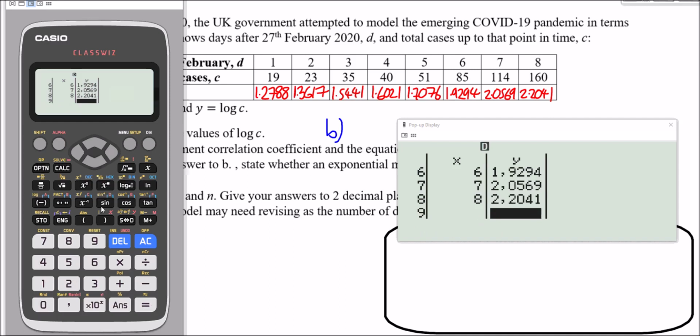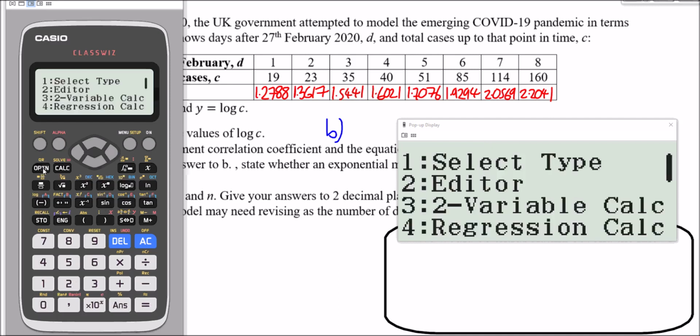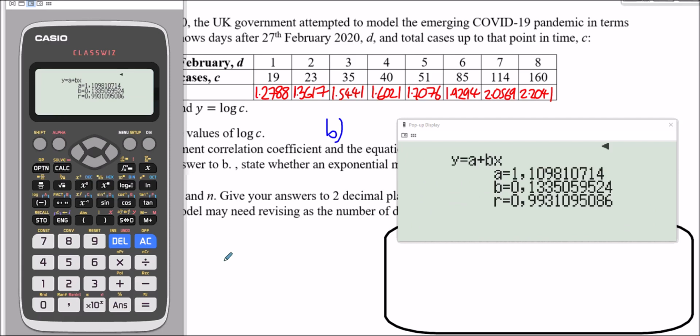Press equals, then we press OPTN and option 4 to get the analysis of the data. Option 4 for regression calculation. As I say, I just researched this myself and I was amazed to see that R was 0.993. That's almost flawlessly perfect correlation.